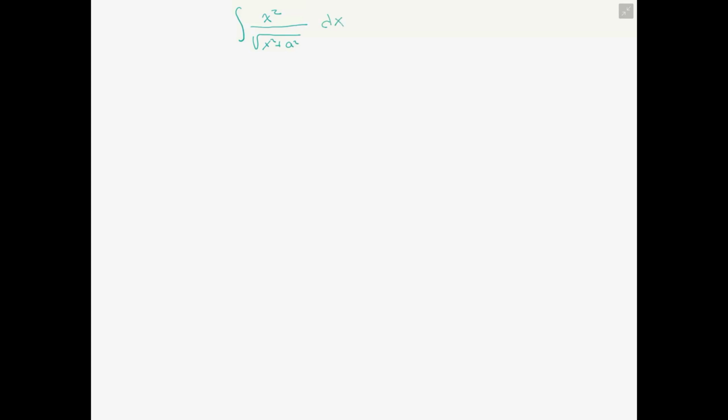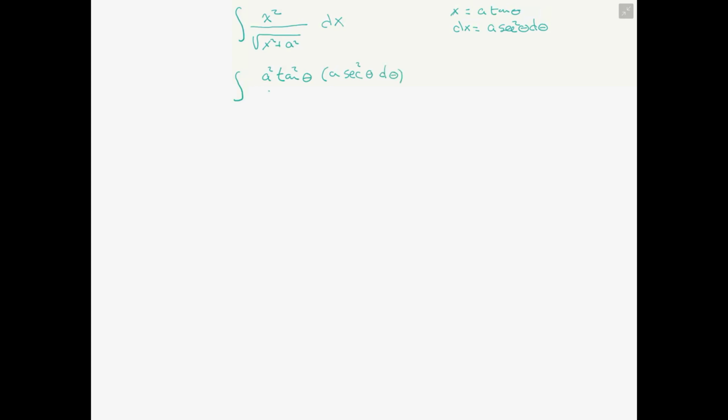So again, we go x equals a tangent theta, dx equals a secant squared theta d theta. And so we have a squared tangent squared theta times a secant squared theta d theta.